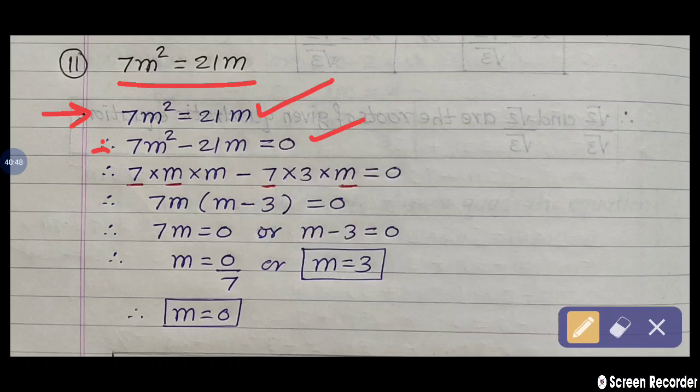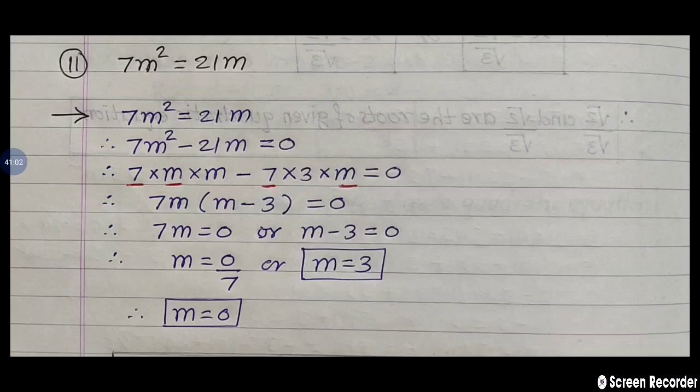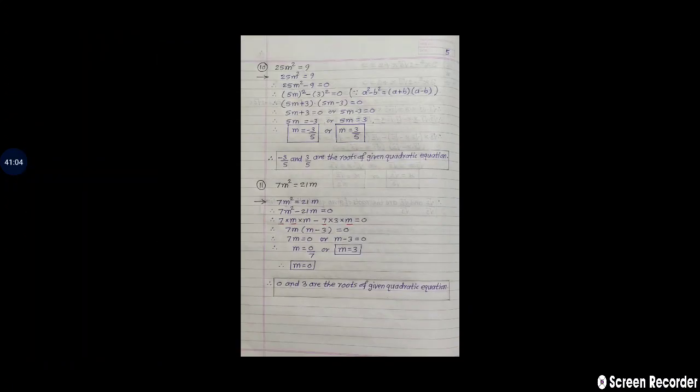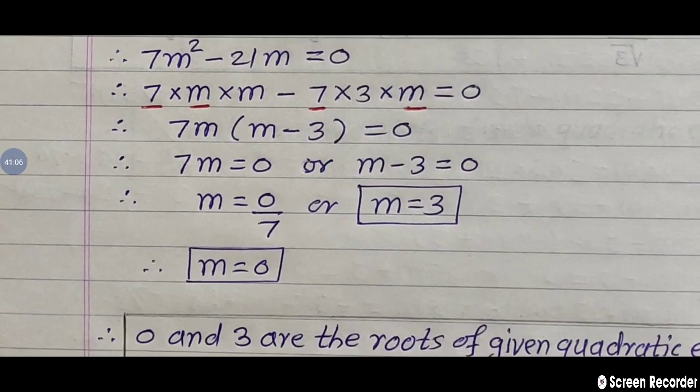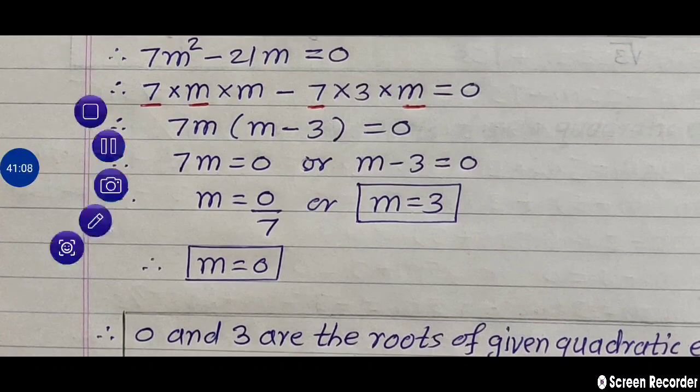So we are splitting into the simple factors. 7 is a prime number, so keep it as it is. m square means m into m, minus 21, 7 3s are 21 and single m as it is, equal to 0. So out of these two terms, what are the common terms that we write as factors?